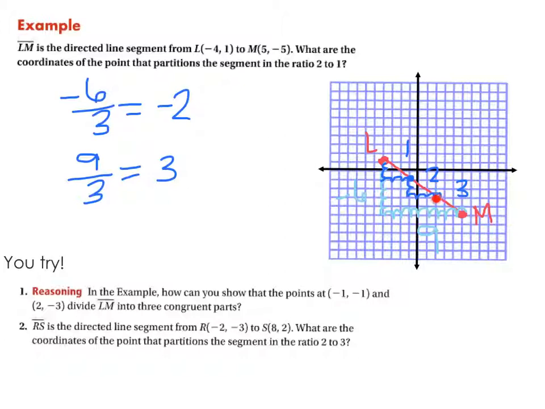If I choose this coordinate, then from L to it, this length would be twice the length from it to M. So this is the coordinate I want to choose, so I'm in a ratio of 2:1.